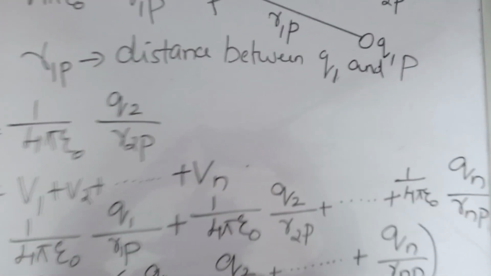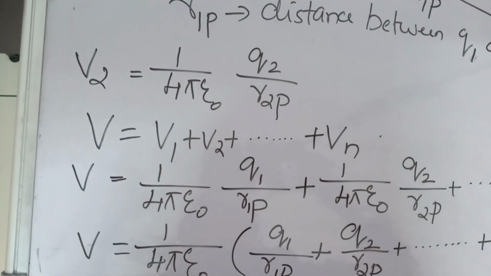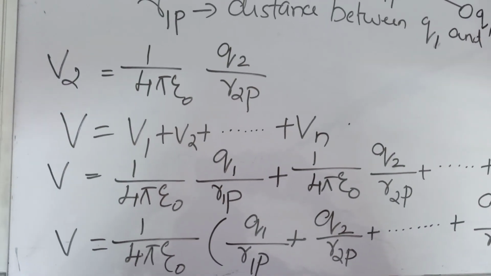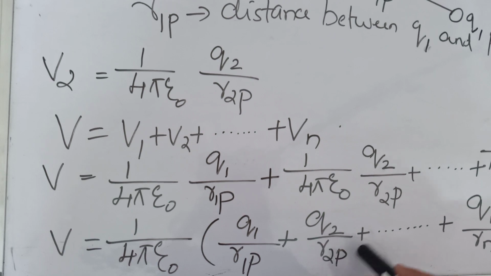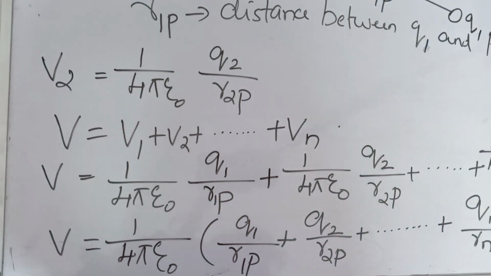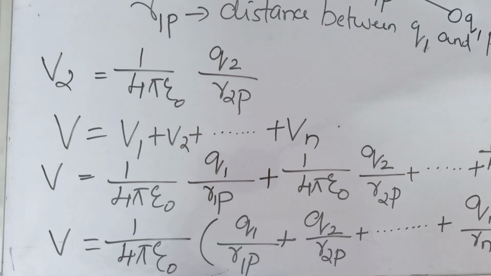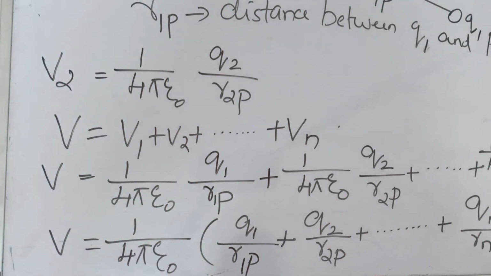If we take the constants outside, V will be equal to 1 by 4 pi epsilon 0 times Q1 by R1P plus Q2 by R2P plus etc. plus Qn by RnP. That means the potential due to the total charge will be the algebraic sum of the potentials due to individual charges. That is the potential due to a system of charges. Clear?